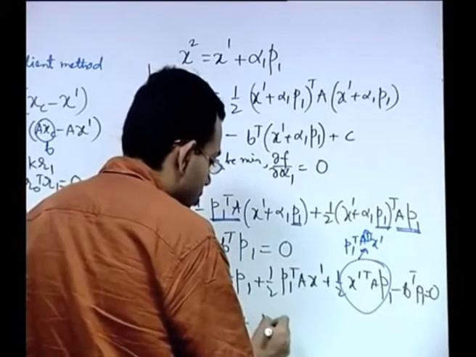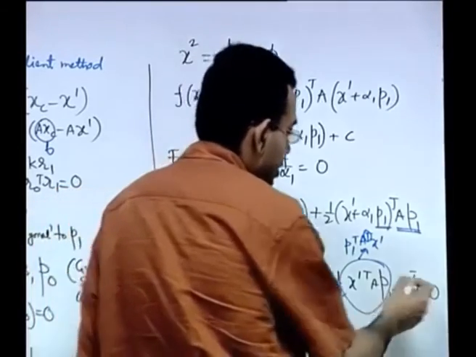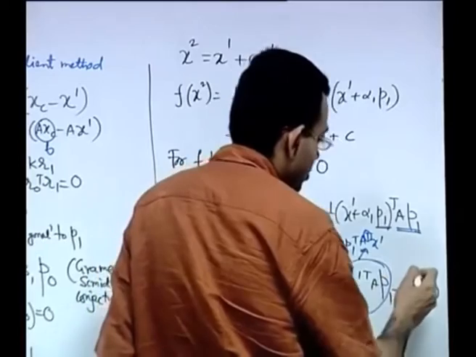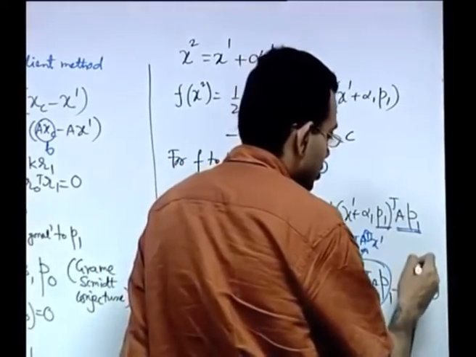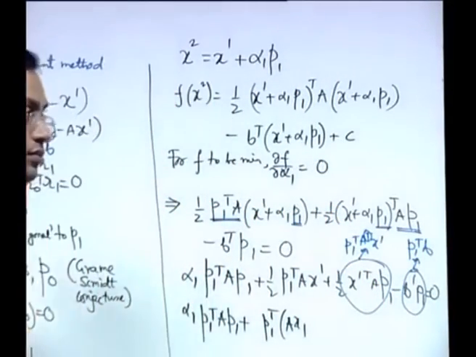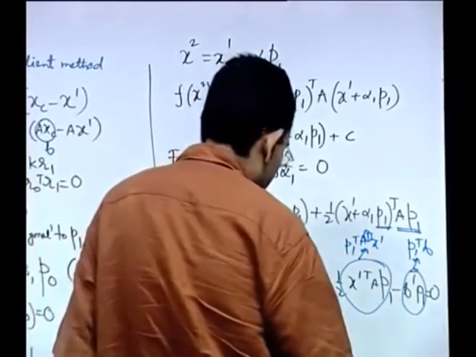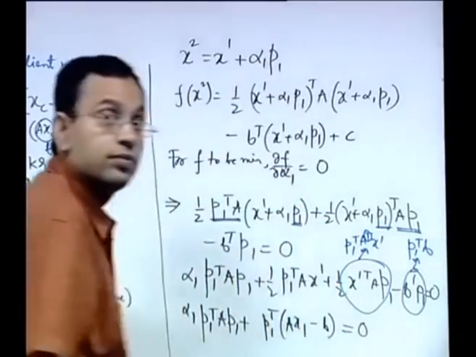So the total is P1 transpose AX1 from this term, and the last term B transpose P1 is the same as B transpose P1 transpose, so P1 transpose B. So P1 transpose (AX1 minus B) is equal to 0.